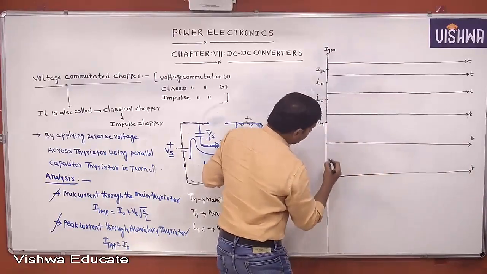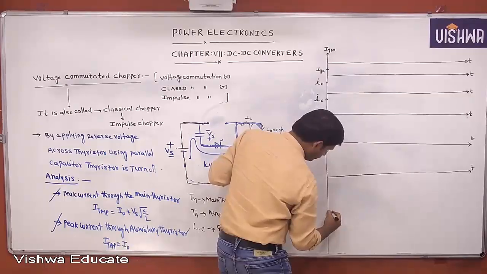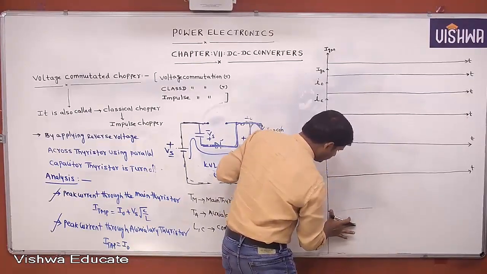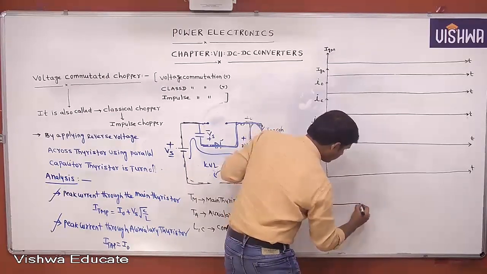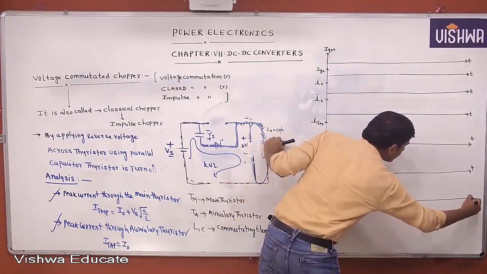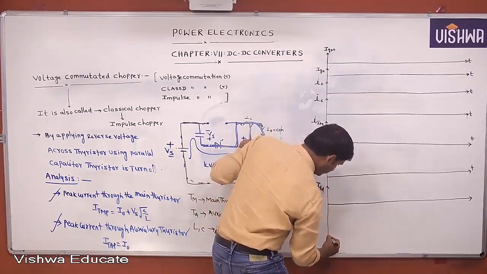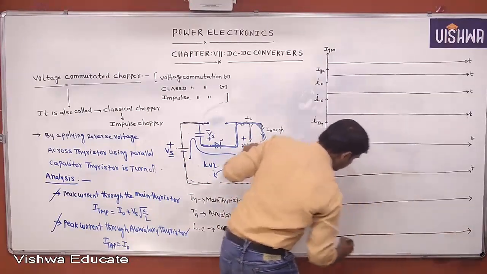This is the voltage across the capacitor. This is the IFD current. This is V0.